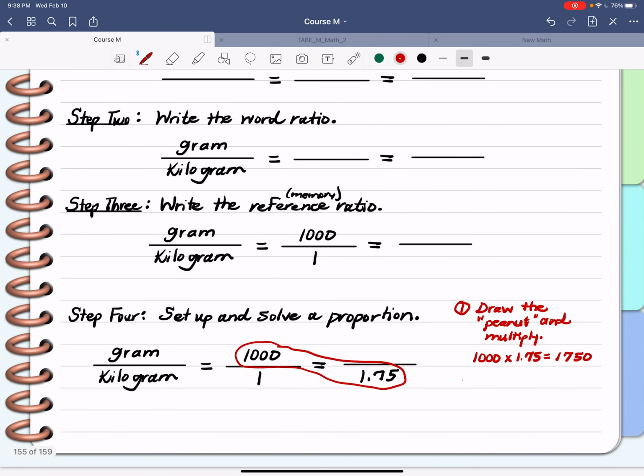And then step 2 is to divide by the number that's not in the peanut. So you're going to divide by 1 in this case. 1750 divided by 1 is 1750. So there are 1,750 grams in 1.75 kilograms.